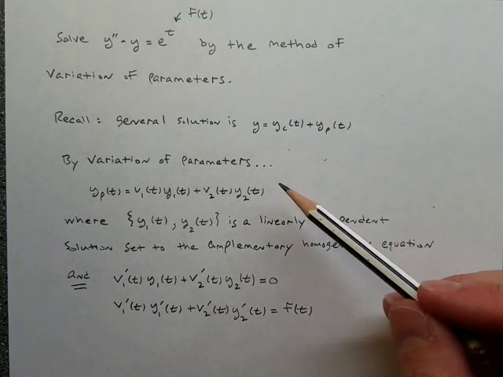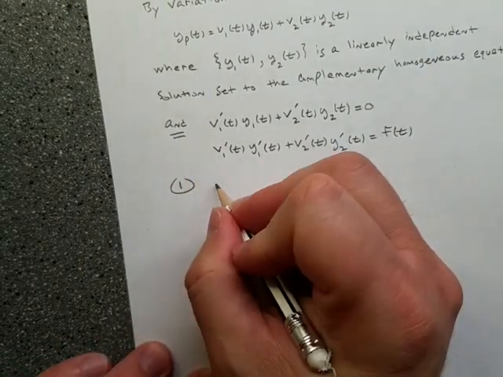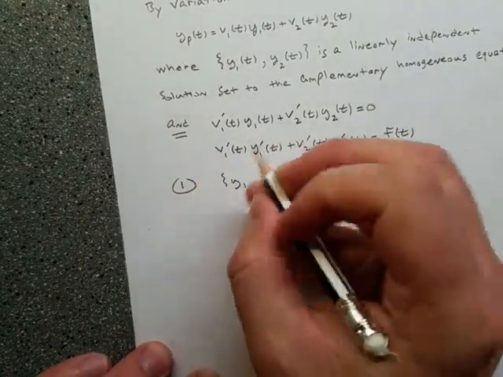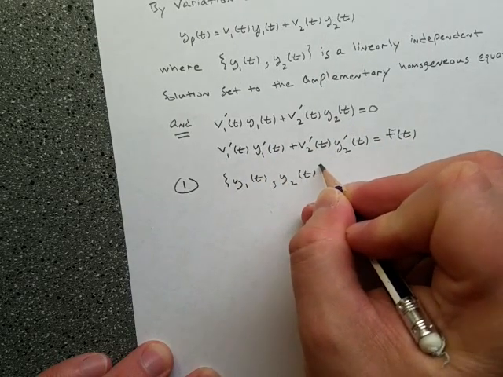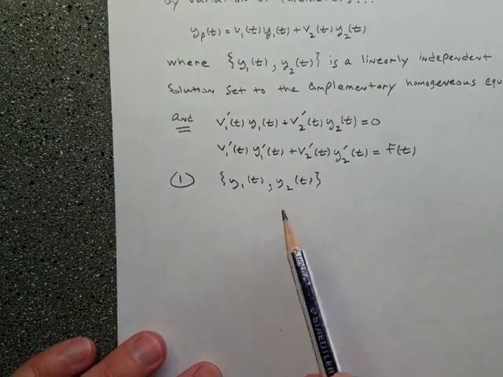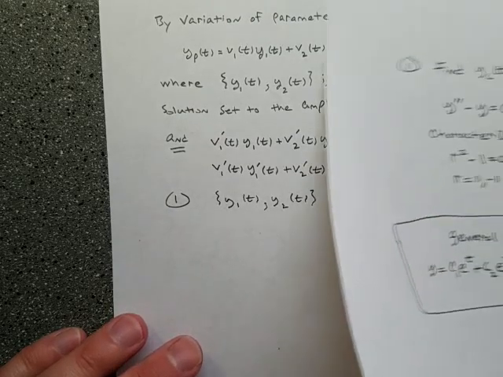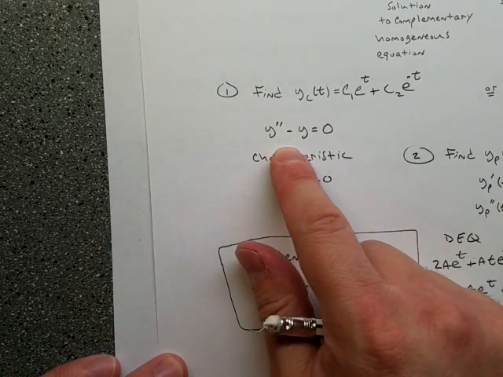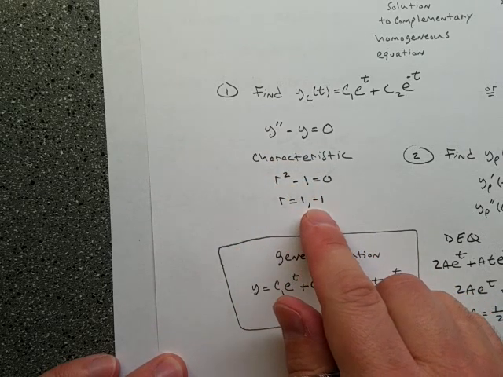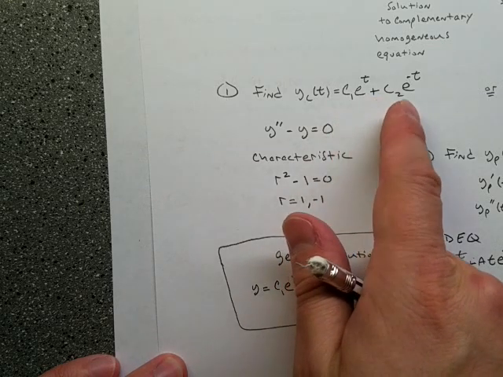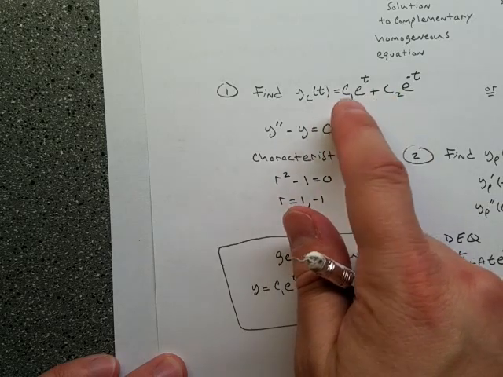Now, let's start by finding y1 and y2. So, first part of this, for me to find this set of two linearly independent solutions to the homogeneous equation, well, that would be like solving this, giving us that characteristic equation and these roots, and there are the two linearly independent solutions expressed as that linear combination with unknown constants.